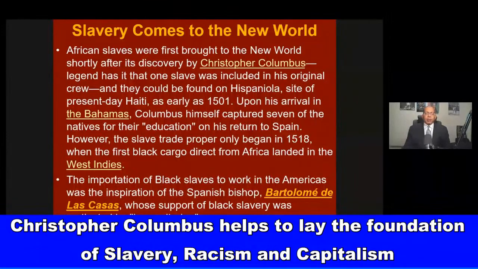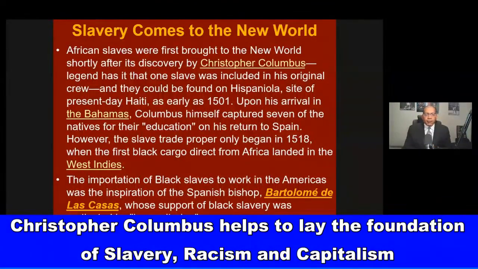Upon his arrival in the Bahamas, Columbus himself captured 7 of the natives for their quote-unquote education, that's what he said, on his return to Spain. However, the slave trade proper only began in 1518 when the first African cargo direct from Africa landed in the West Indies. This is after the Asiento de Negros.